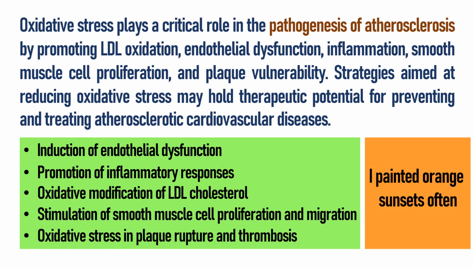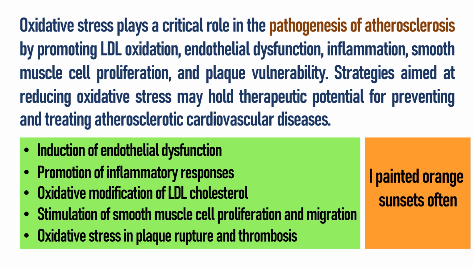Oxidative stress plays a critical role in the pathogenesis of atherosclerosis by promoting LDL oxidation, endothelial dysfunction, inflammation, smooth muscle cell proliferation, and plaque vulnerability. Strategies aimed at reducing oxidative stress may hold therapeutic potential for preventing and treating atherosclerotic cardiovascular diseases.